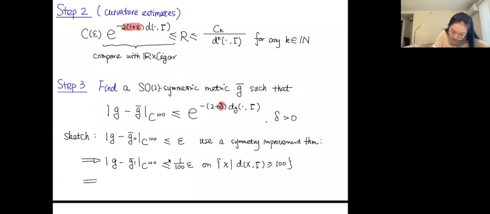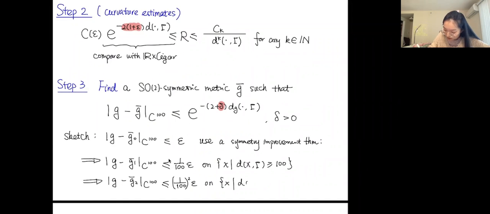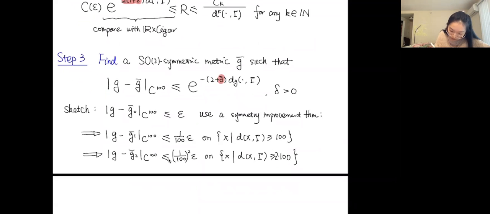And then I'll use the symmetry improvement theorem again, and we can get another approximate metric so that the error decays even more, but this holds on an even more interior region away from gamma. Eventually we'll continue this process k many times, and this will be done in an induction process.